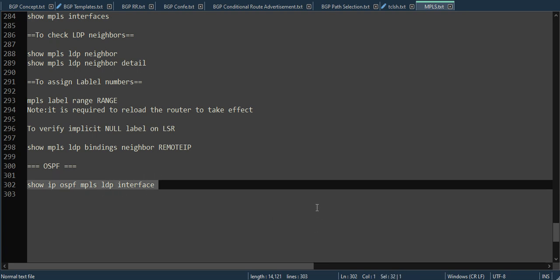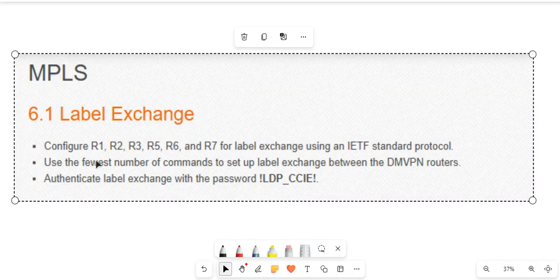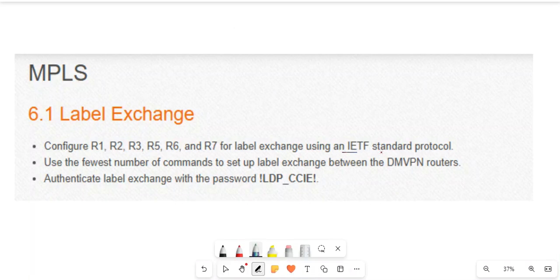Okay, and let's configure this section. Configure R1, R2, R3, R5, R6, and R7 for label exchange using IETF. It means we have to use LDP instead of TDP.